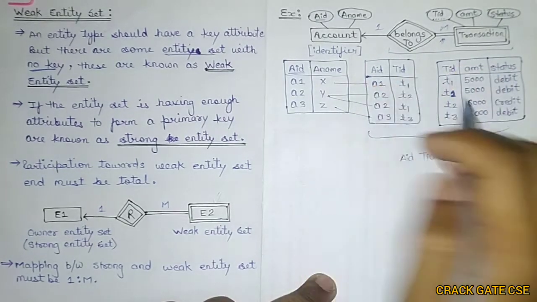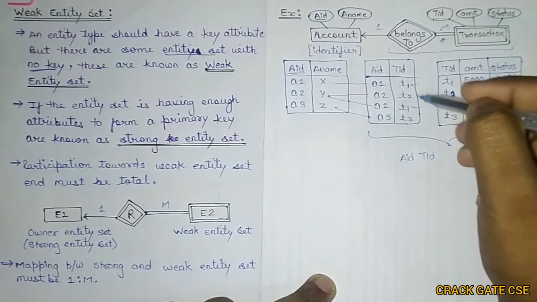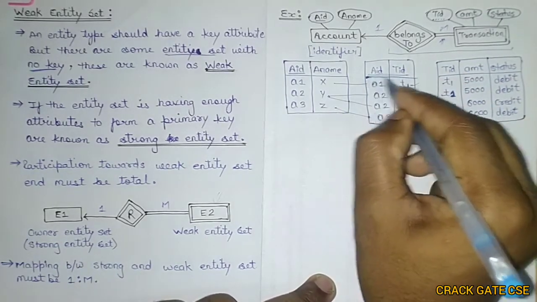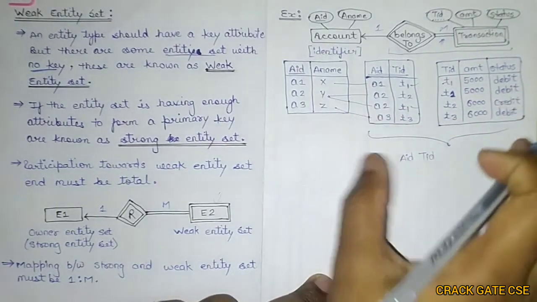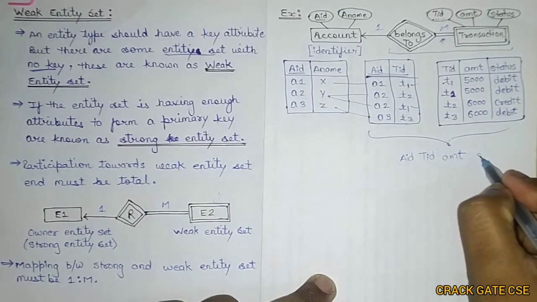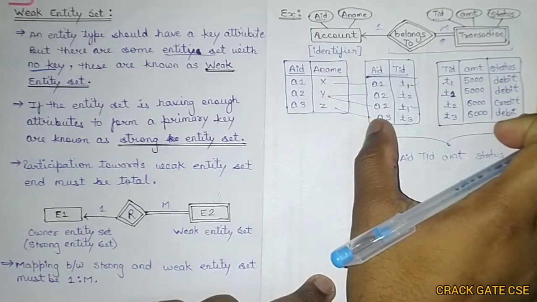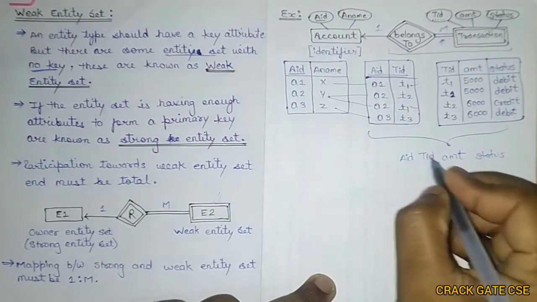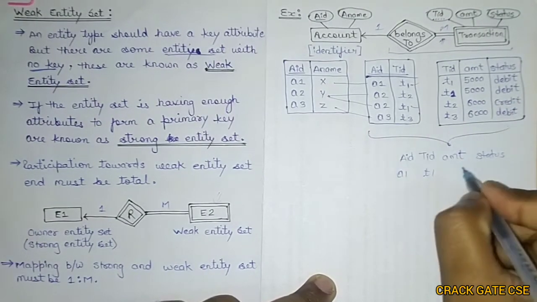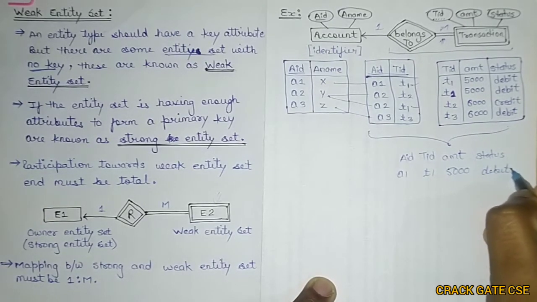So you can see that here we are not able to identify anyone as a primary key because T1 is repeated, it is also not unique, and it is also not unique. So it will combinedly work as a key. If I merge it, AID, TID, here another attribute will be amount and status. So these 4 attributes will be in the table if I combine it. A1 T1 is related to 5000, status is debit.